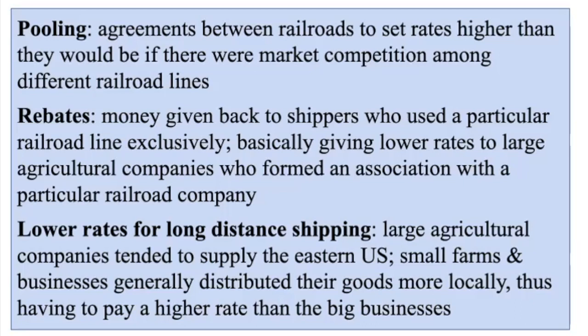Lower rates for long-distance shipping helped larger companies because large agricultural companies tended to supply the eastern U.S. Small farmers and businesses generally distributed their goods more locally, thus having to pay a higher rate on the railroads than the big businesses.